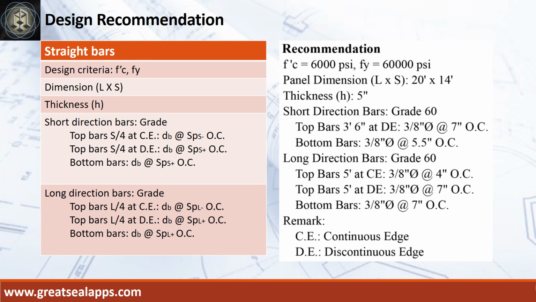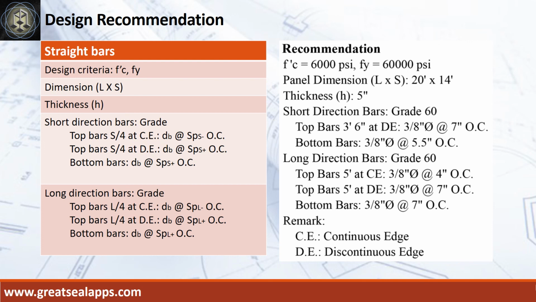FC prime equals 6,000 psi, Fy equals 60,000 psi, panel dimension is 20 feet by 14 feet, thickness is 5 inches. Short direction bars of grade 60, top bars 3 feet 6 inches at discontinuous edge, 3/8-inch diameter bar at 7 inches on center, bottom bars 3/8-inch diameter bar at 5.5 inches on center.